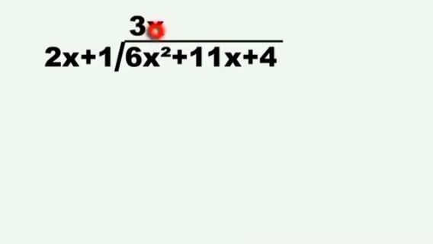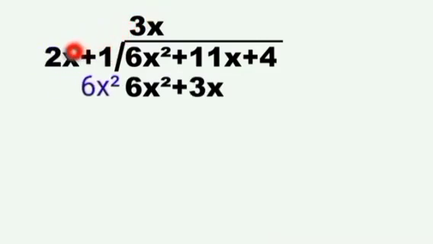After that, we are going to multiply 3x to 2x and 1. So we have 3x times 2x is 6x squared, and 3x times 1 is plus 3x. Subtracting, we have to change the sign of the subtrahend.